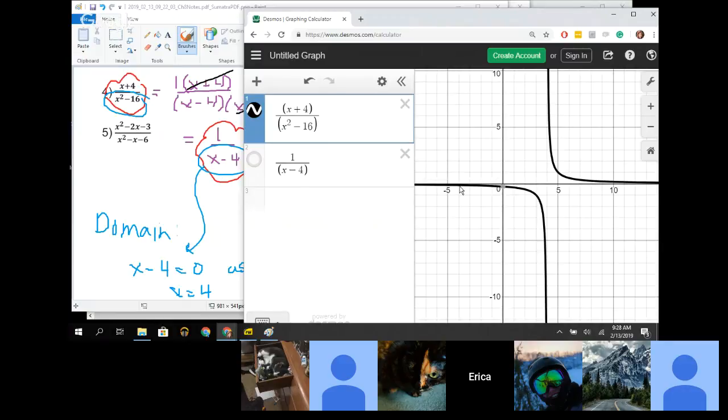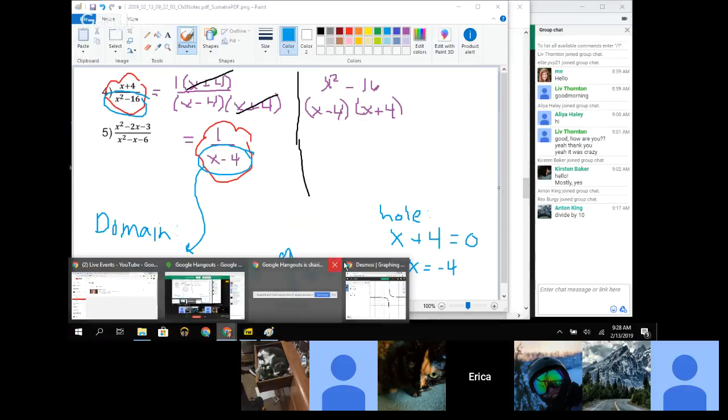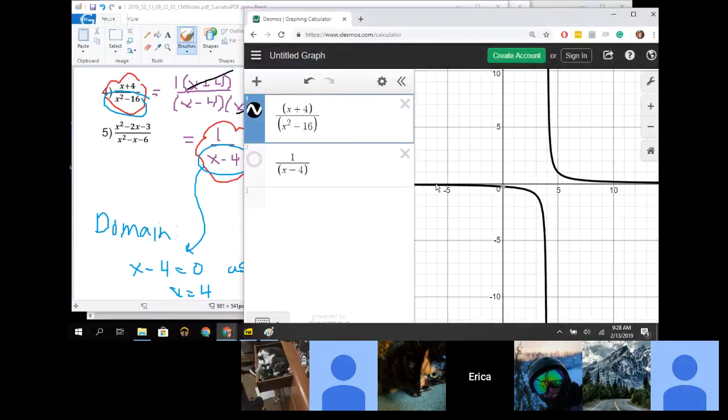Okay. And so that's my domain. My range: the x squared is bigger than x, so the denominator is bigger than the numerator. So my asymptote is at y equals 0, which is right here.